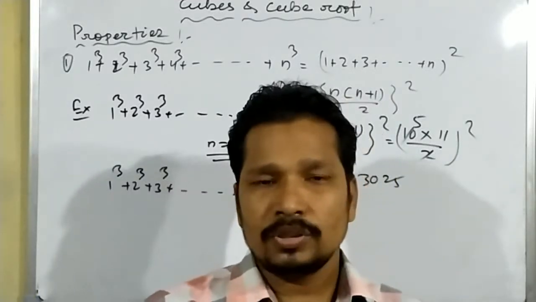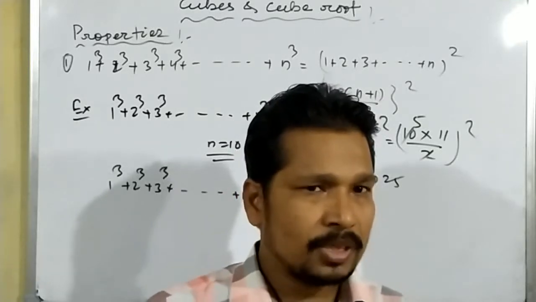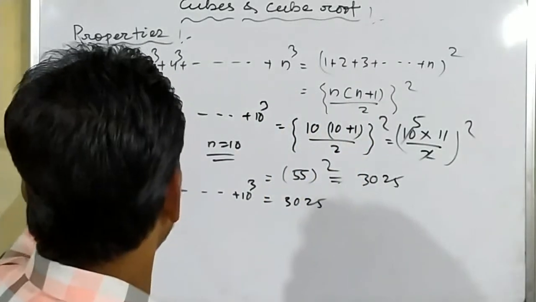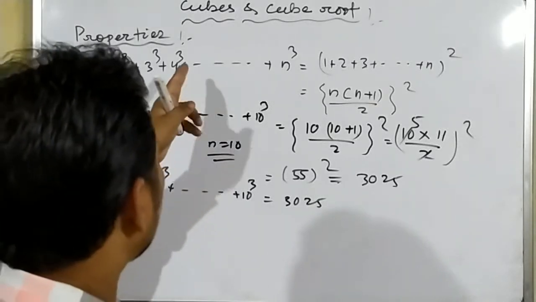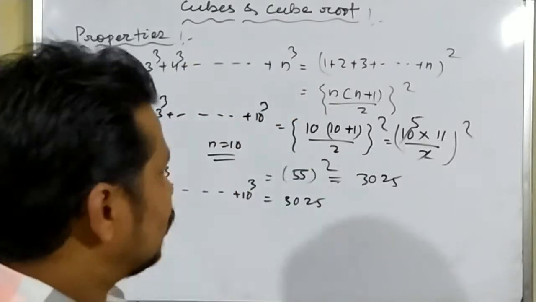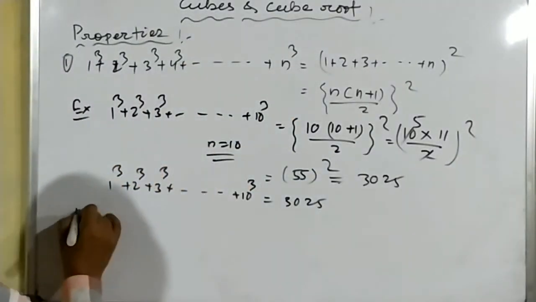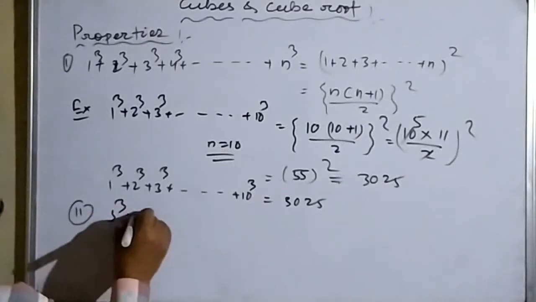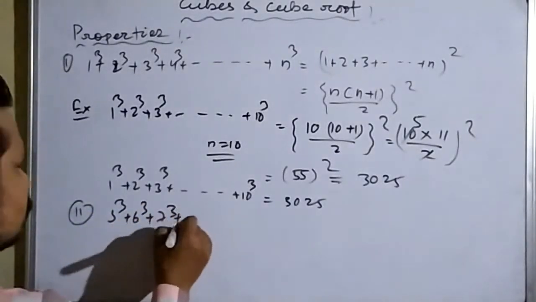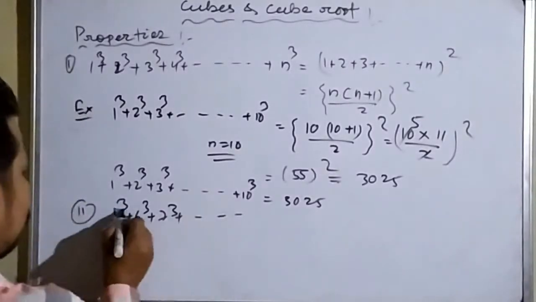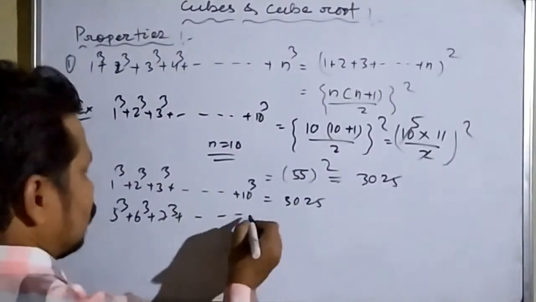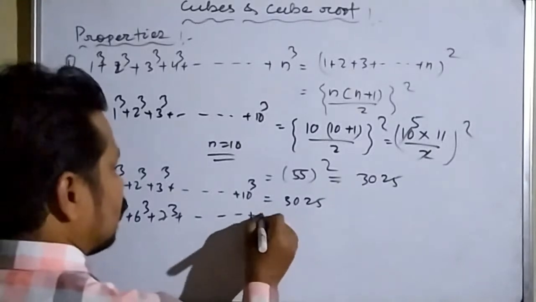But if a different type of question comes in your exam, such that the series is not starting from 1, if it starts from 5, that means a question like this: 5 cube plus 6 cube plus 7 cube plus up to 10 cube.